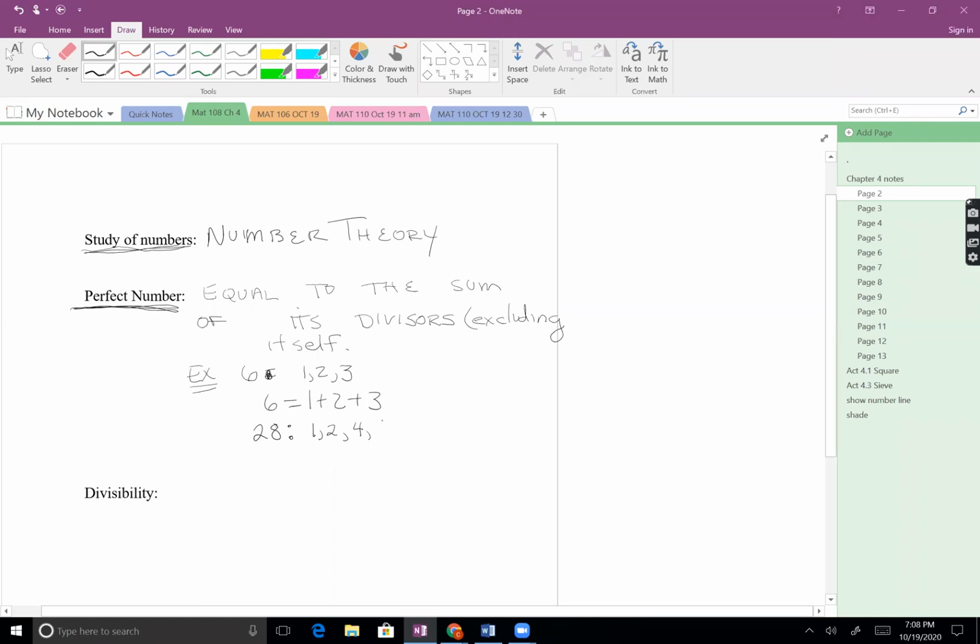And how many times does 2 go into 28? 14. And if I take 1 plus 2 plus 4 plus 7 plus 14, what do they add to? 28. And so that makes 28 a perfect number. And those are sort of interesting.